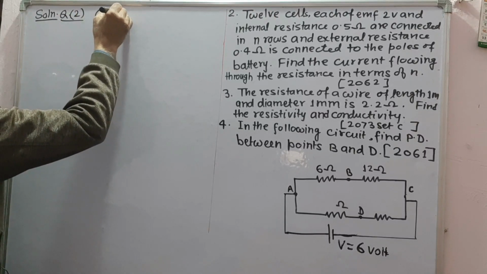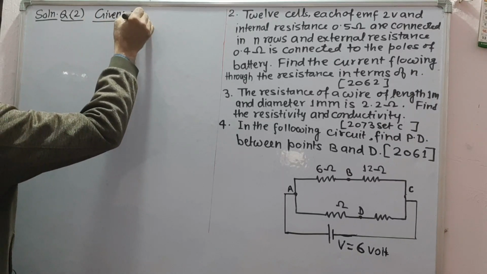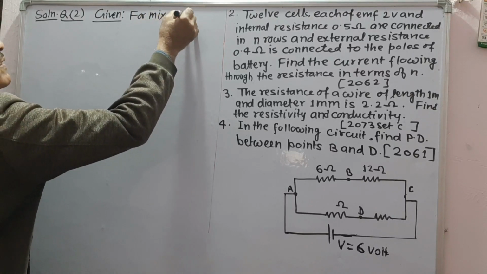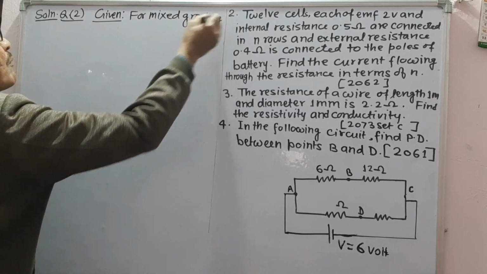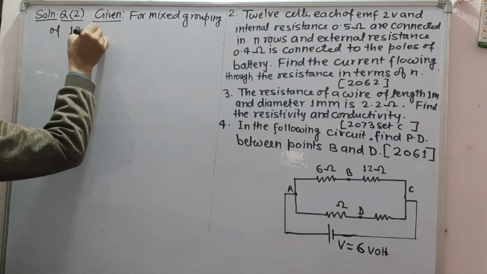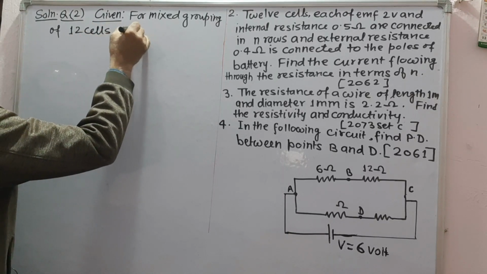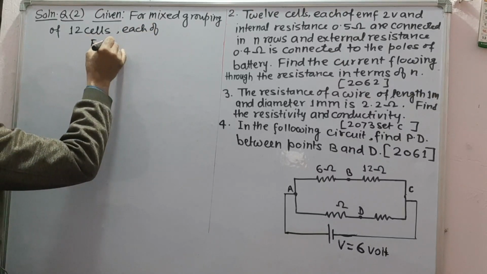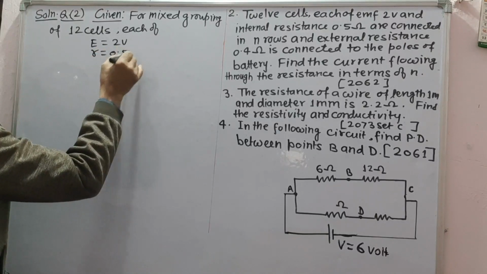Given, for mixed grouping of 12 cells, each of EMF E is equal to 2 volt and internal resistance 0.5 ohm.